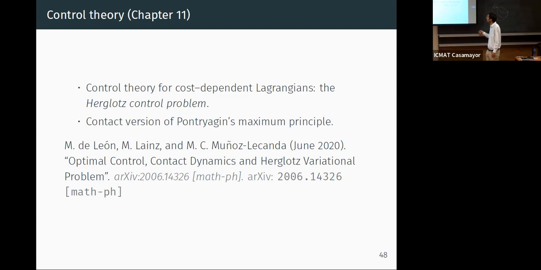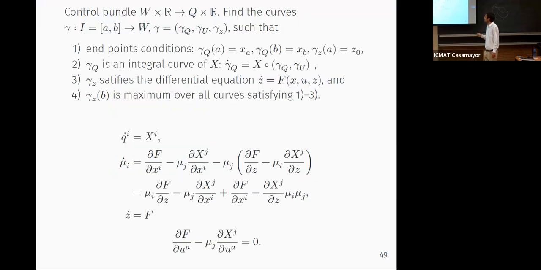And last of all, we have also worked in control theory. We have studied a control problem in which the Lagrangian depends on the cost. This can be thought of as a generalization of the Herglotz principle, so we call this the Herglotz control problem. And we proved a contact version of the Pontryagin maximum principle.